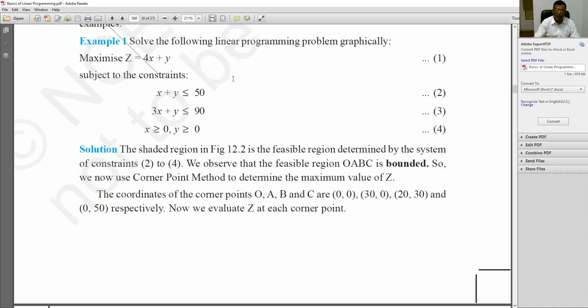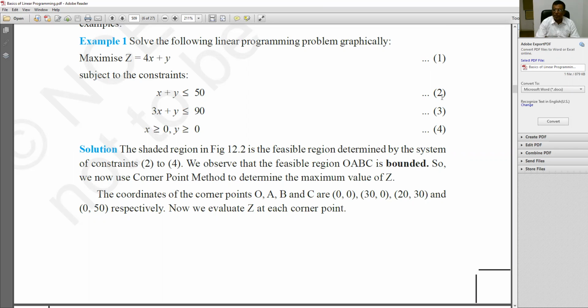You have to write in your copy, in your exercise set, that it is given, please write answer. It is given that z is equal to 4x plus y. Take it as equation 1. Subject to the constraints x plus y less than or equal to 50.